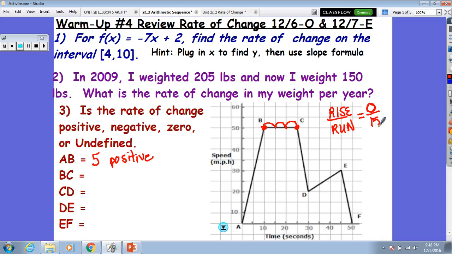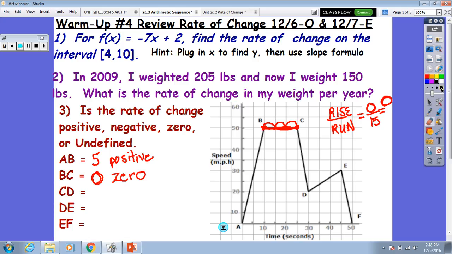So I have 0 over 15, which is 0. So my slope is 0, which means this is a 0 slope. Also look at the line. Anytime your line goes straight across side to side, your slope is going to be 0. All right, so let me clear this off.